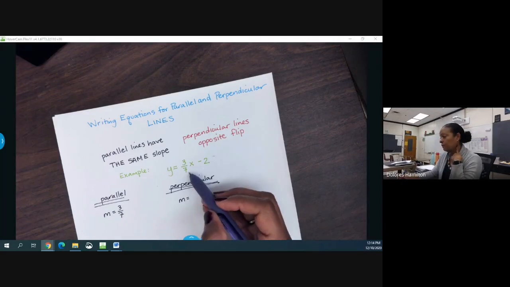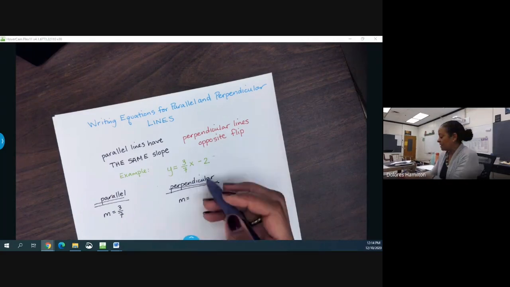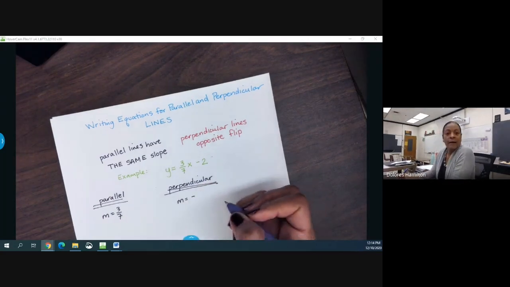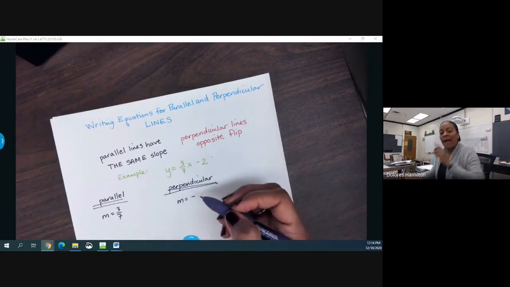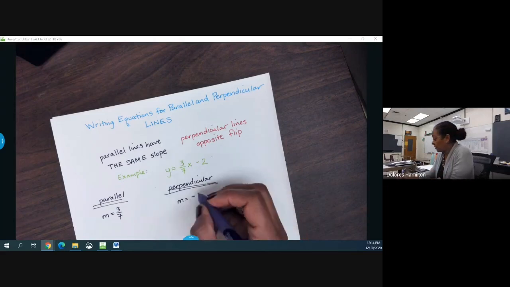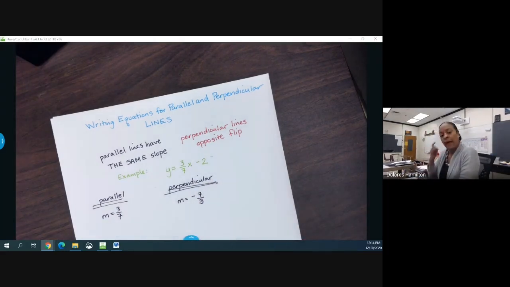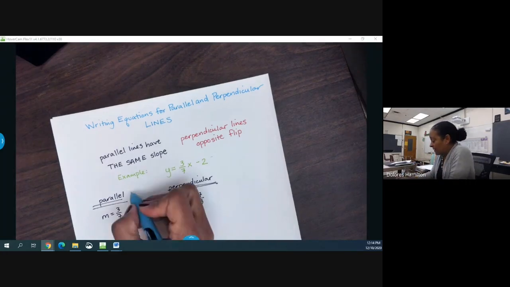So we look at the original slope and it's positive. So we know that a perpendicular line is going to have a negative value, and then we flip the fraction and we get -7/3.